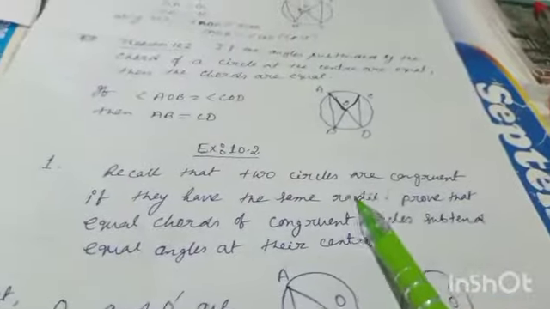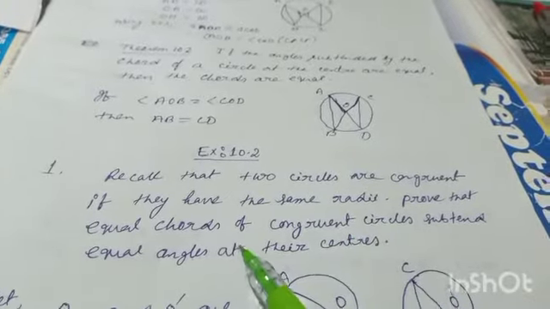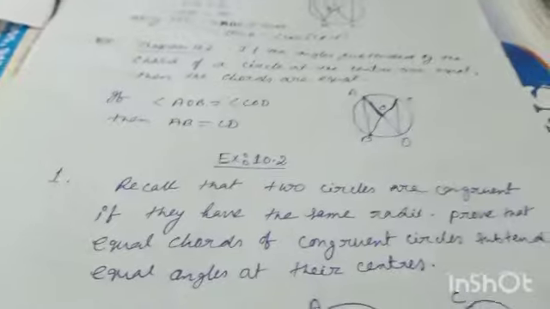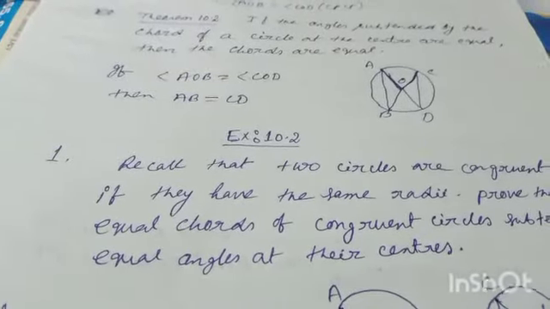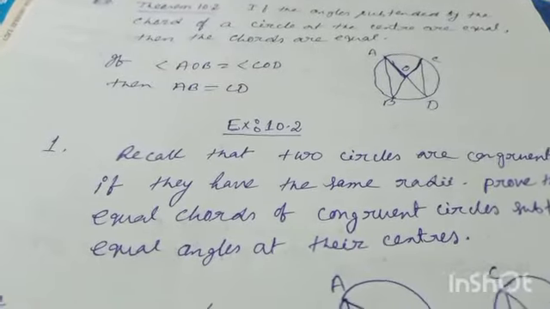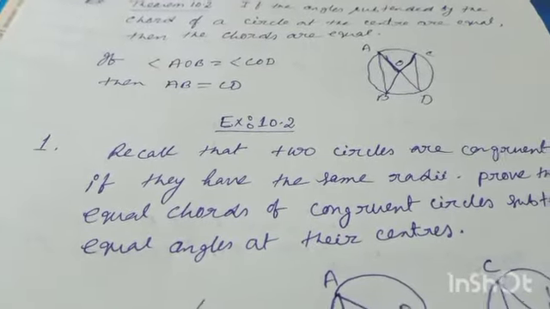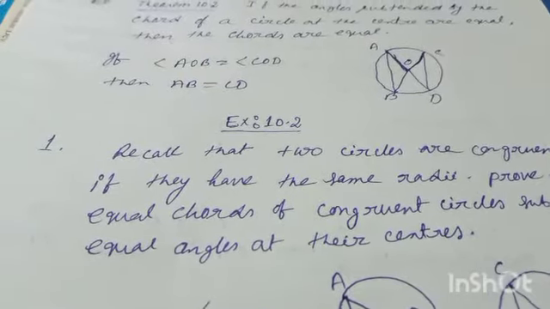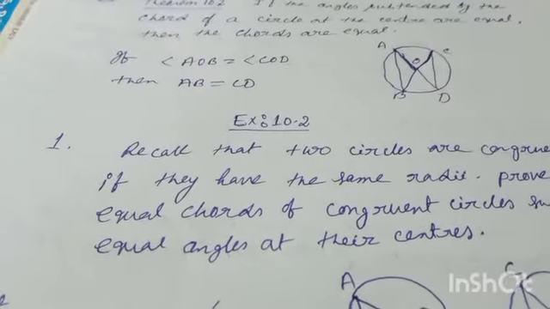Now, Exercise 10.2, question number 1. Recall that two circles are congruent if they have the same radii, and prove that equal chords of congruent circles subtend equal angles at their centers. As you know, in class 9, chapter 7, if two circles are congruent, their radii are equal.